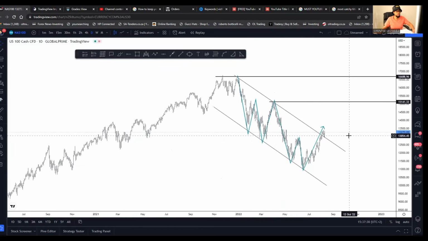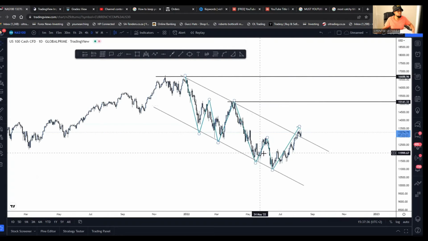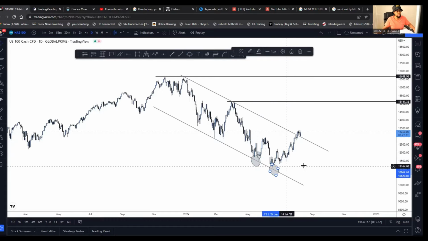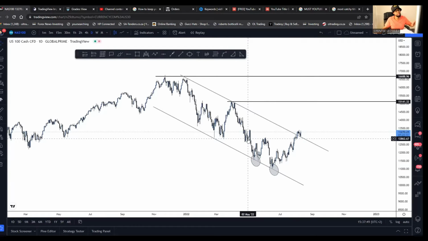And I'm looking at this on a higher time frame. You must always remember you should be able to see the bigger picture. Hence I always emphasize that you can have a horizontal double top, or an ascending or diagonal double top or double bottom.